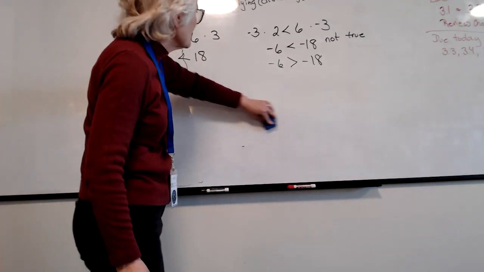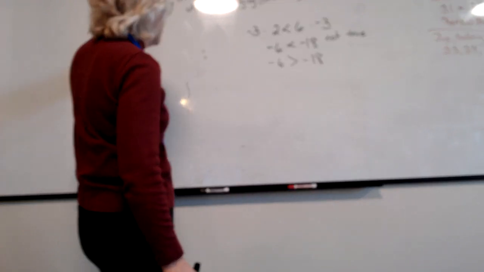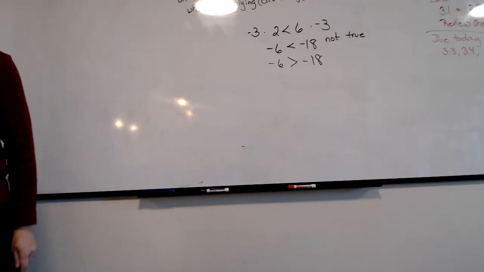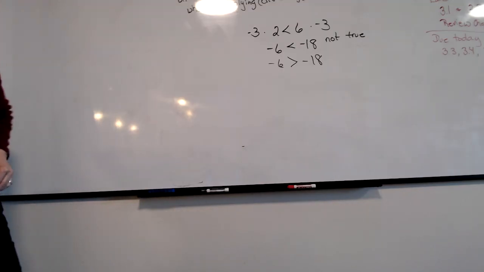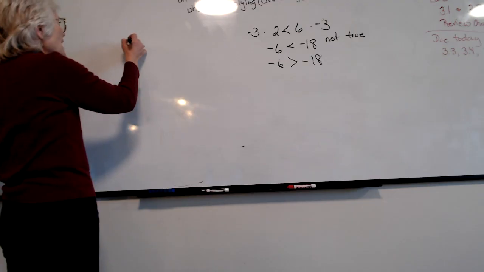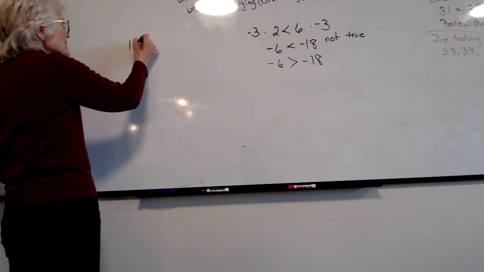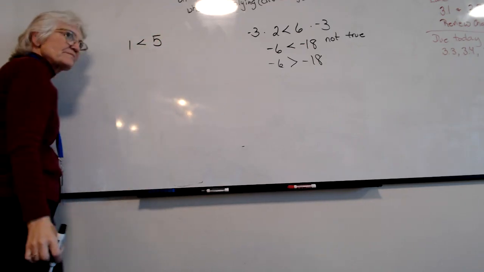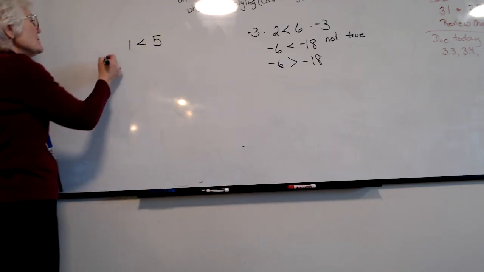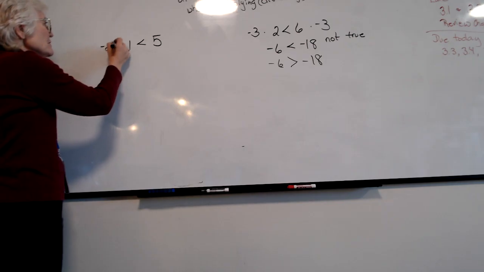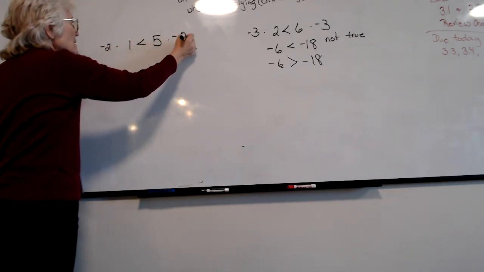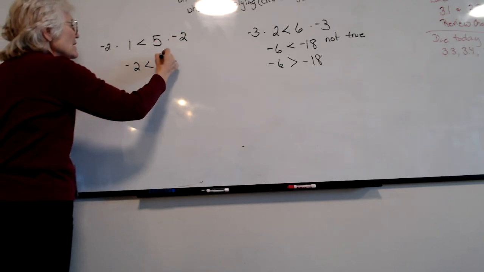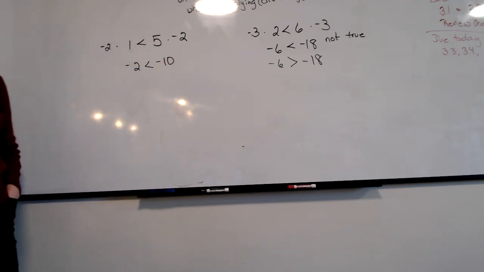Let's see if that's always true. Do you think if I always multiply by a negative number, it will be not true and we have to switch? That's our next question. Let's look at 1 is less than 5. I want to multiply each side by negative 2. We get negative 2 is less than negative 10. Is that true?